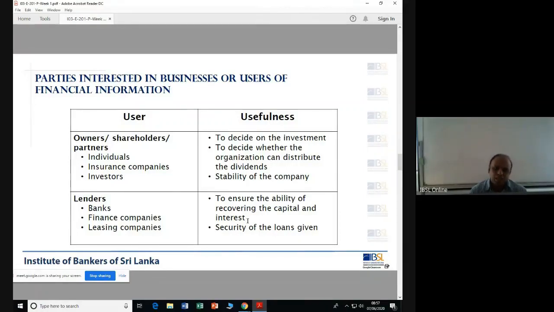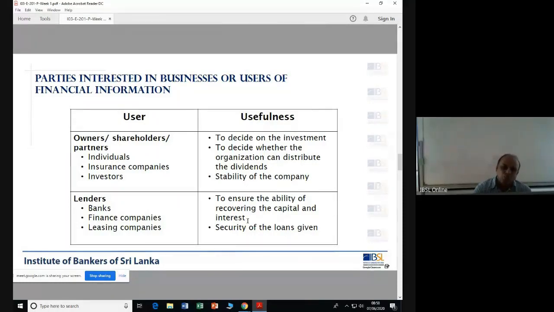It is true that companies should provide financial information to the shareholders because it is a compliance requirement, but now it has gone to the extent of providing it to the stakeholders, the larger population. So we will go one by one to look at who these stakeholders are. The first type of stakeholder is the owner, shareholder, or the partners.